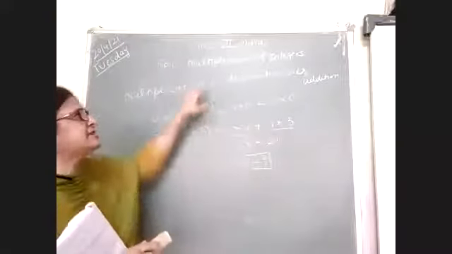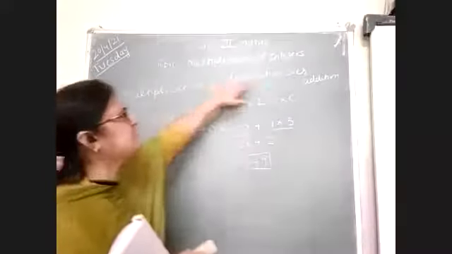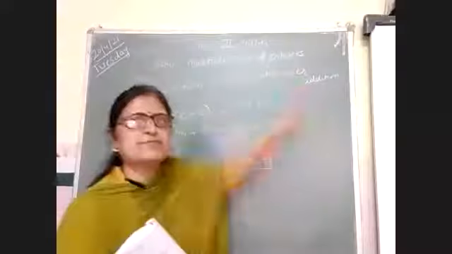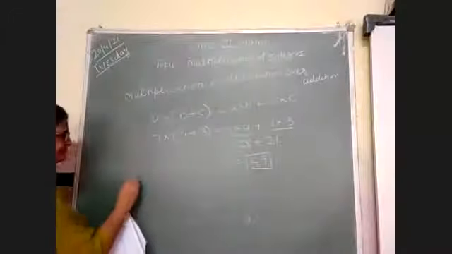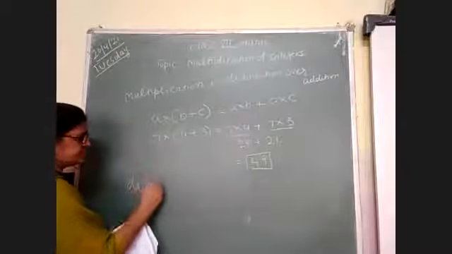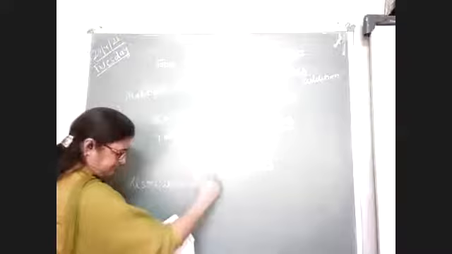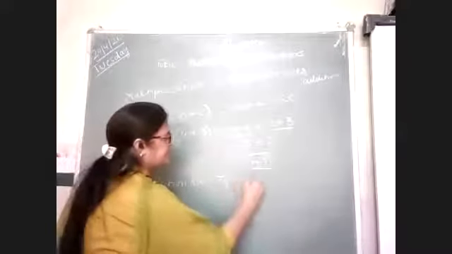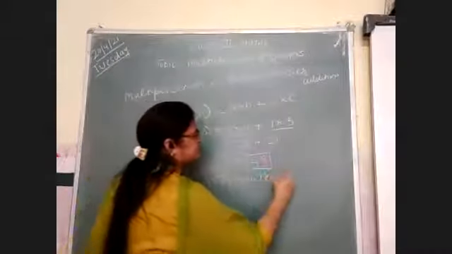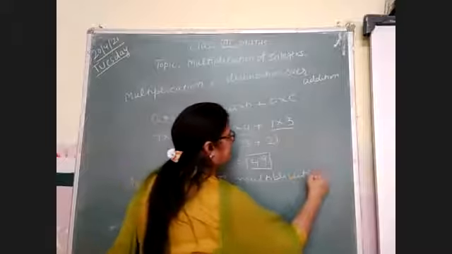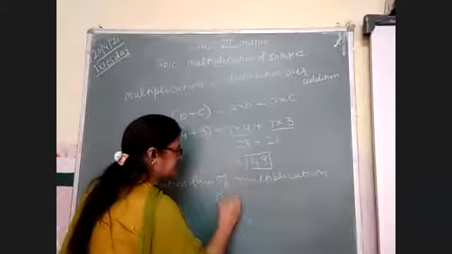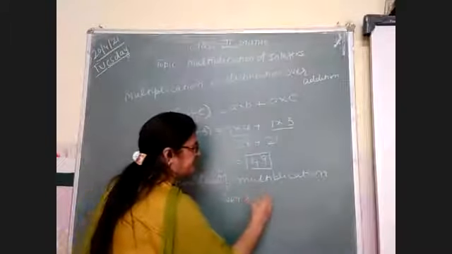And one property is the same, multiplication is distributive over subtraction. Distribution law of multiplication over subtraction. What does it mean?